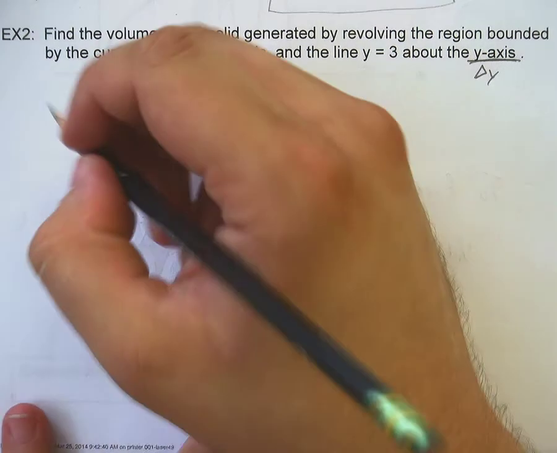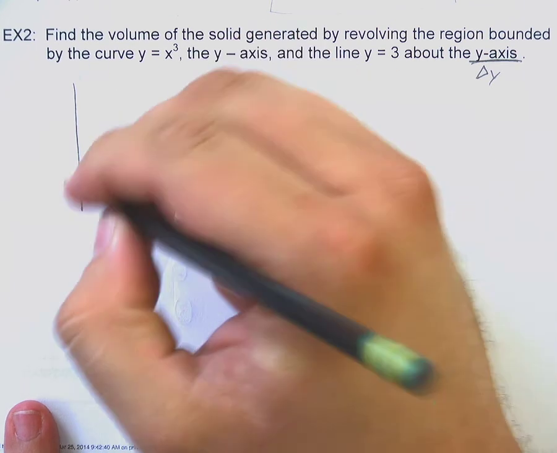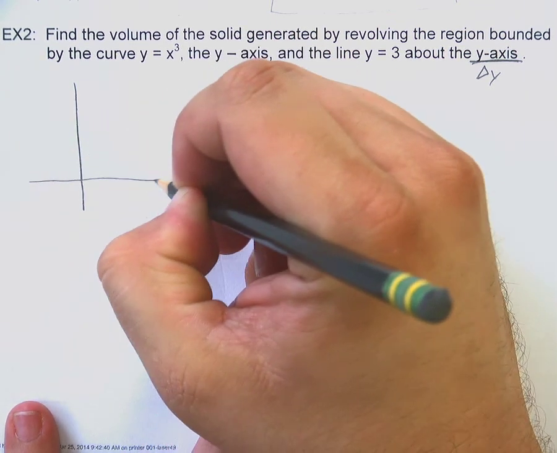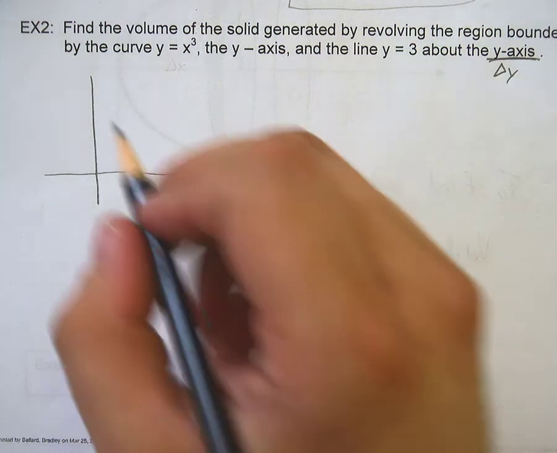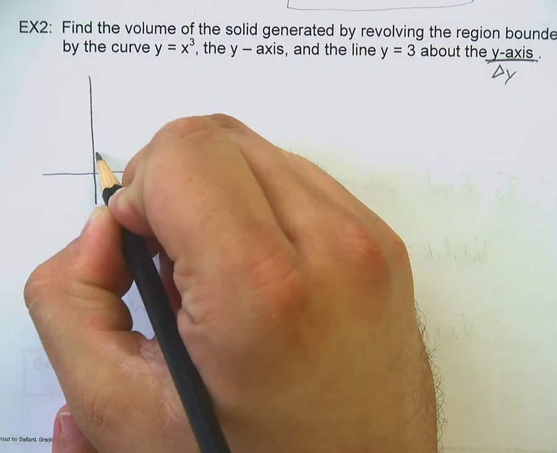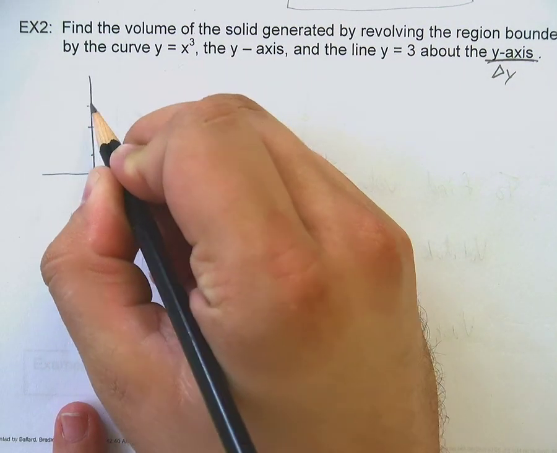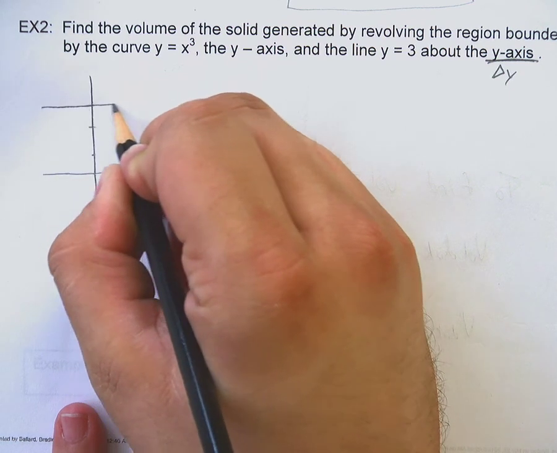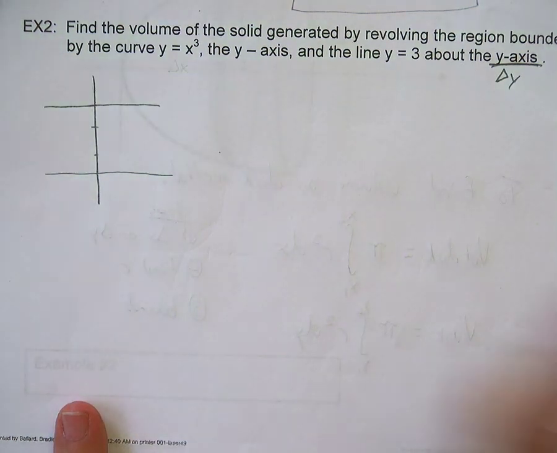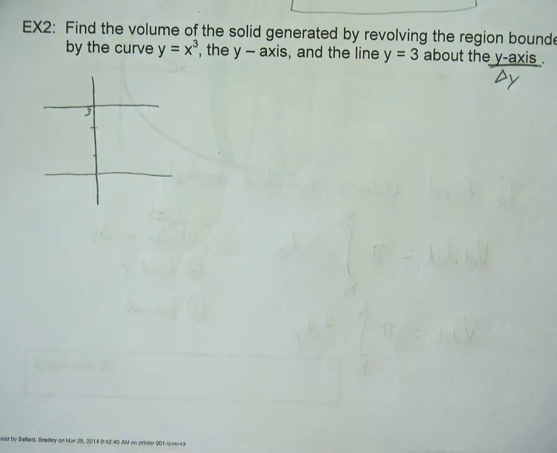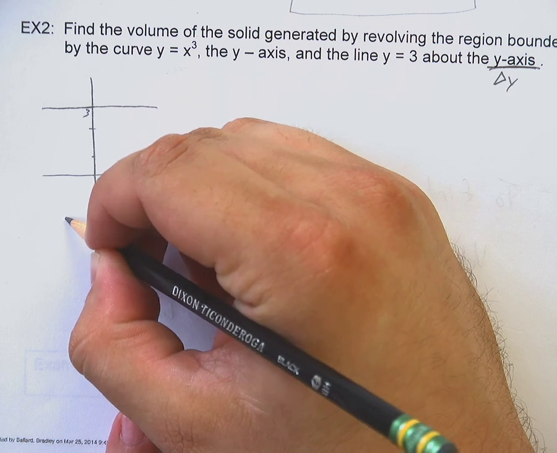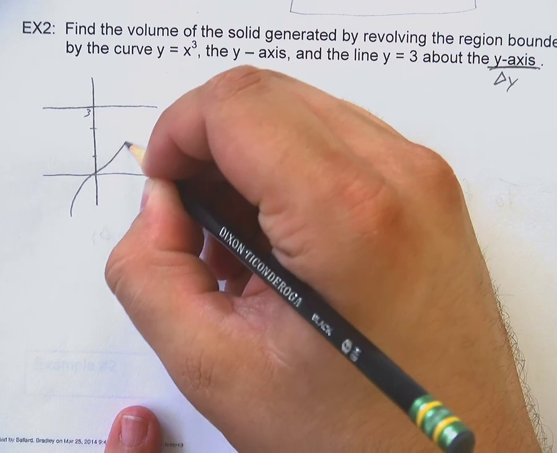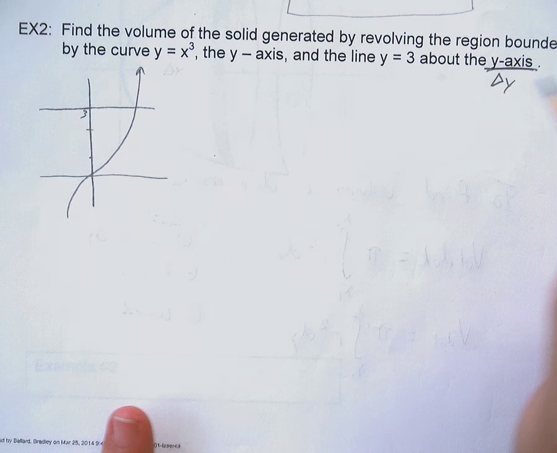All right. Let's come up with a picture. Y-axis and y equals 3. So here's y equals 1, 2, 3. And then you've got the line x cubed, which is going to come up like this, go like this, yada yada.